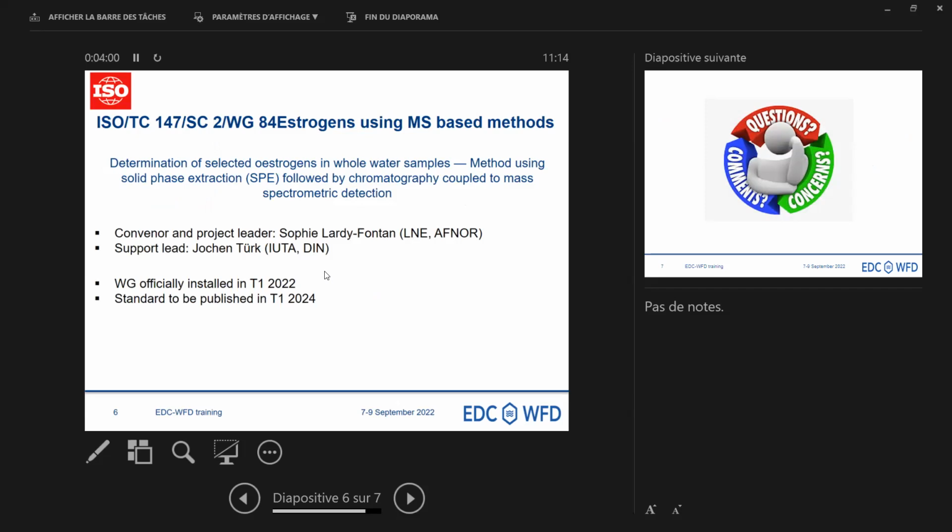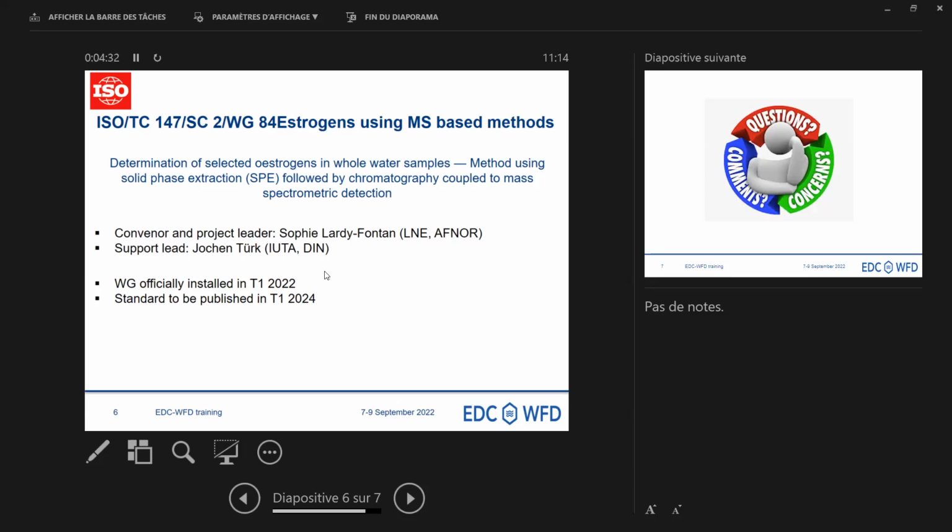An official working group has been established at the ISO level: working group 84, estrogens using MS-based methods. We are already drafting the future standard, determination of selected estrogens in whole water samples, method using solid phase extraction, followed by gas chromatography and/or liquid chromatography, sorry, I missed one part, coupled to mass spectrometric detection.